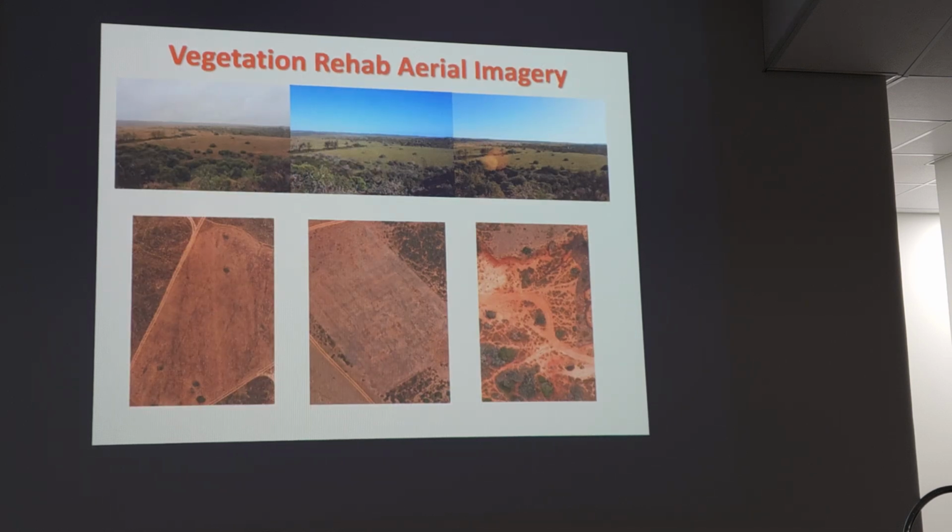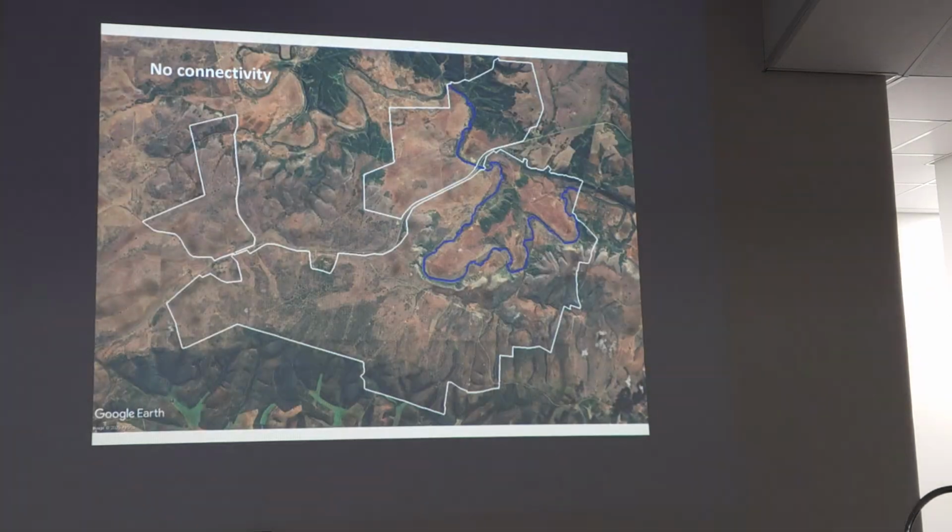And then at the bottom, you'll see those are just sample photos of erosion and bush encroachment. And then at the top is our fixed point photography from the ground, just as examples. Okay, so that's one way we're using the drone.